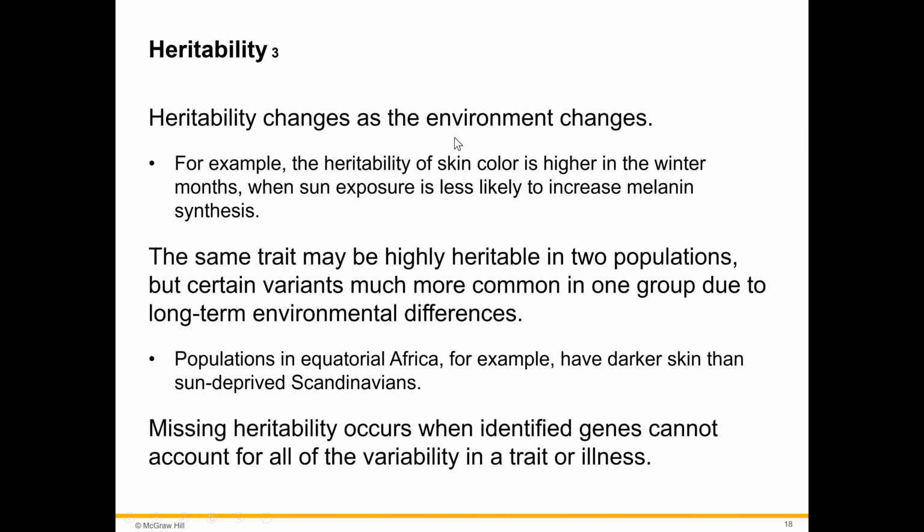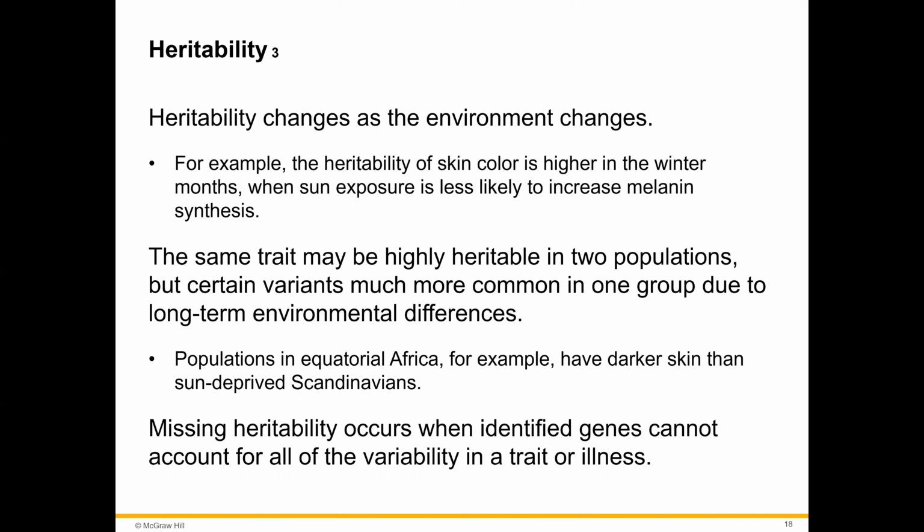Heritability changes as environment changes. For example, the heritability of skin color is higher in the winter months when sun exposure is less likely to increase melanin synthesis. We don't even need twins.